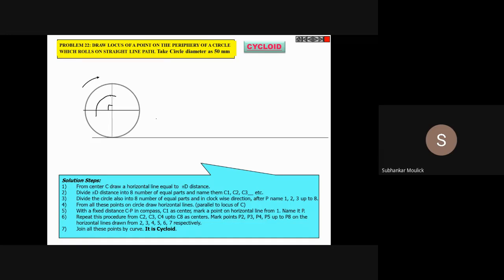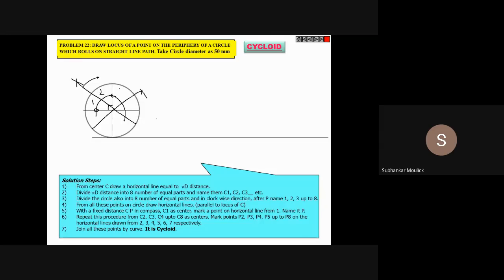Then place one leg of your compass at this point and cut an arc, place the other leg at this point, cut an arc and extend. Similarly, do it on the other side. Join it with the center point and extend. See, now the circle is divided into how many parts?